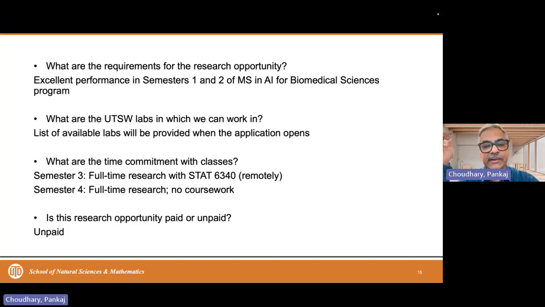Based on what we have heard from our UT Southwestern partners again and again, their need is much greater than the number of students that we can provide. I cannot predict the future, but the point I'm trying to make is that if you are in this program and you do well, then there is a very strong likelihood that you will get accepted for the research at UT Southwestern option.